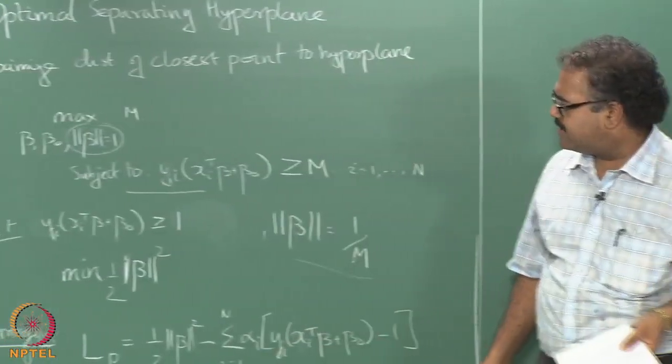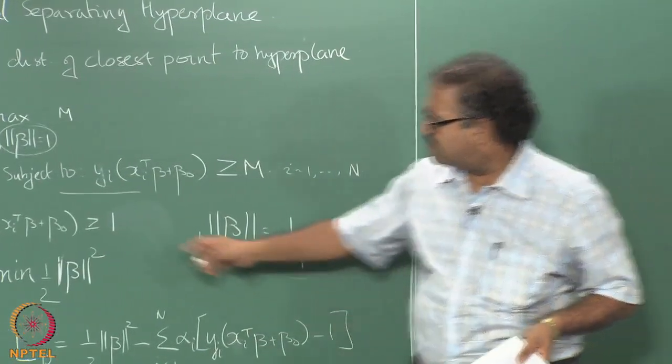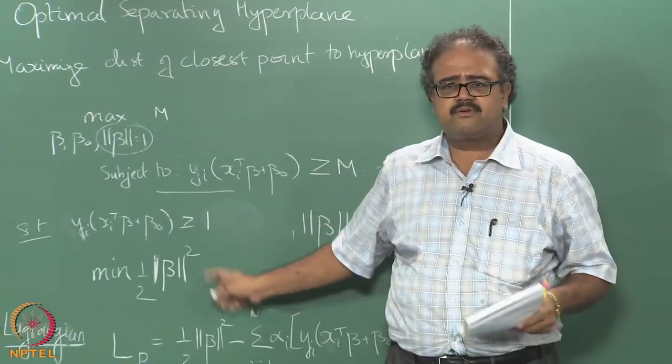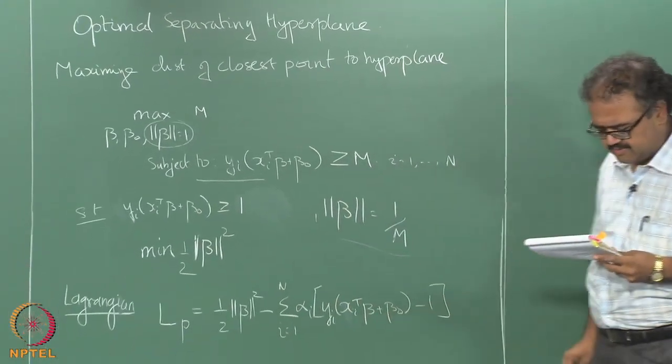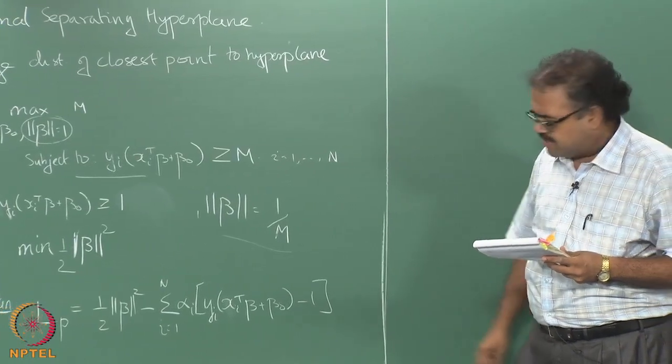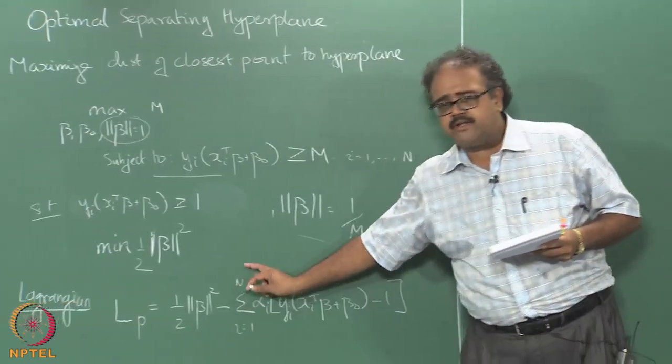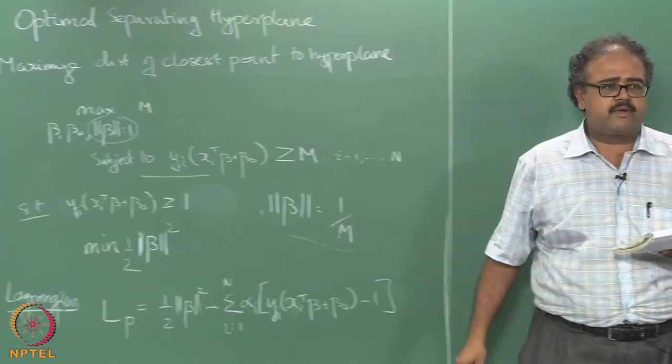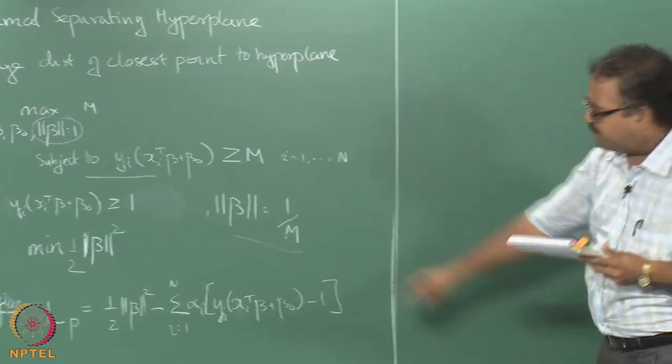One minus y... I take the y(w·x + b) minus 1 to be greater than or equal to 0. I mean, it's fine, I can do whatever. I have to apply this for every data point, so i runs from i equals 1 to n. And I put a p there.